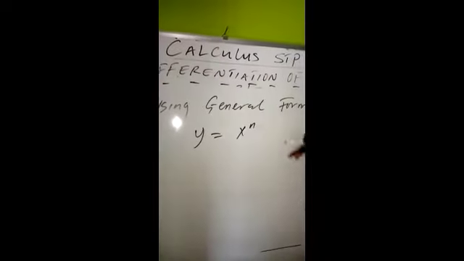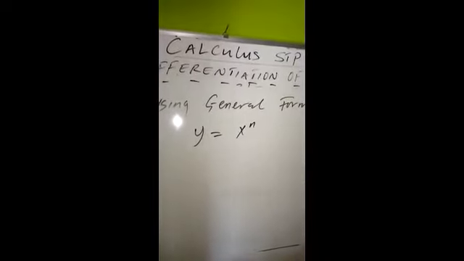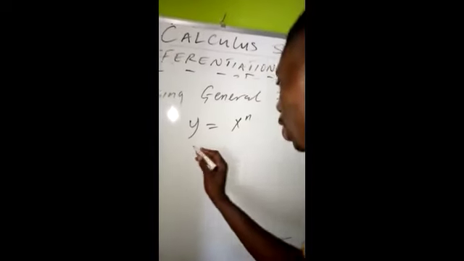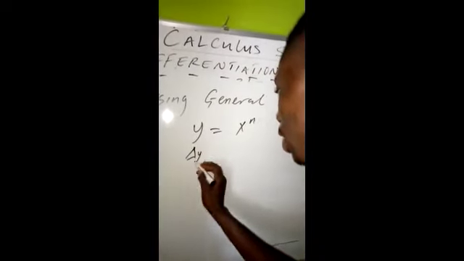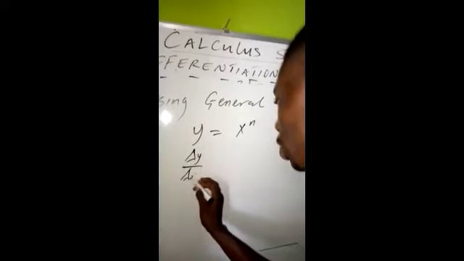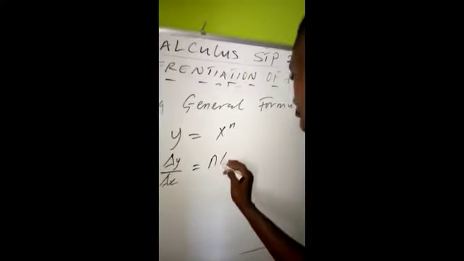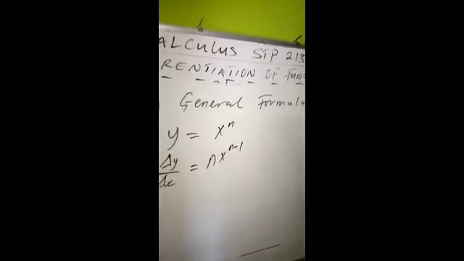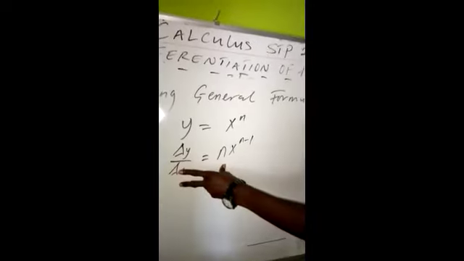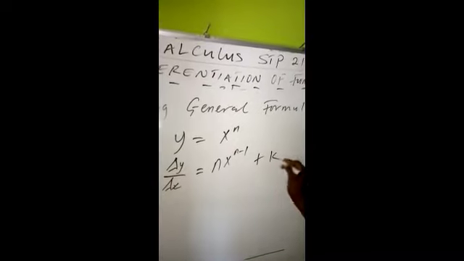Once you introduce dy/dx, or delta y over delta x, it will change to n x to the power n minus 1. So at this point, you can say plus k.